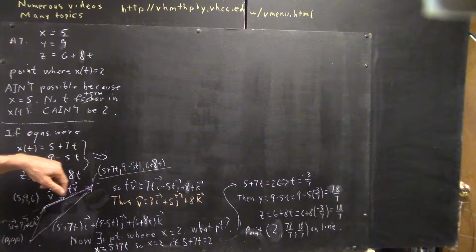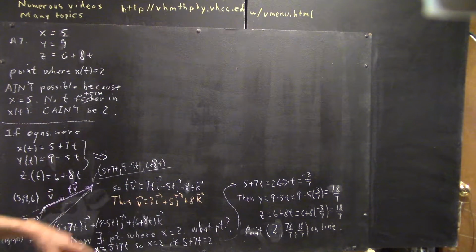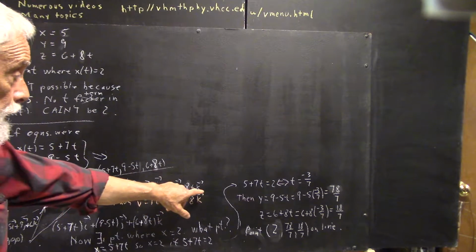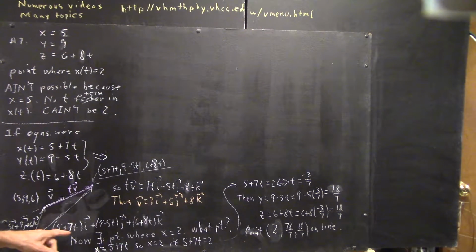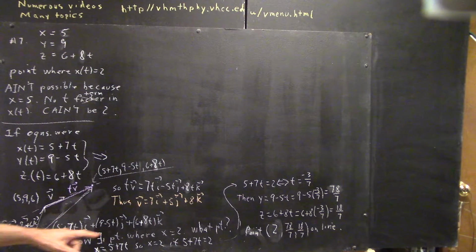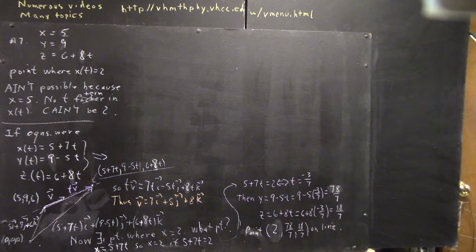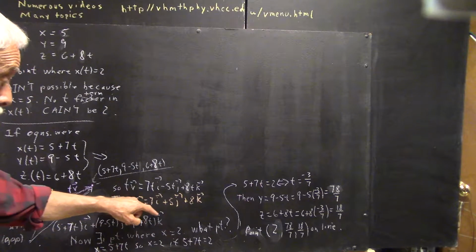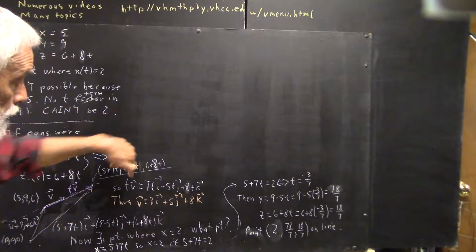If we subtract this vector from this vector, we get tv, which is 7t i plus negative 5t j plus 8t k. That is, when we subtract 5i, we're left with 7t. Subtract 9j, and we're left with negative 5t times j. And then we subtract 6k, so the 6k will go away. We're left with 8t k. So here's our vector tv.